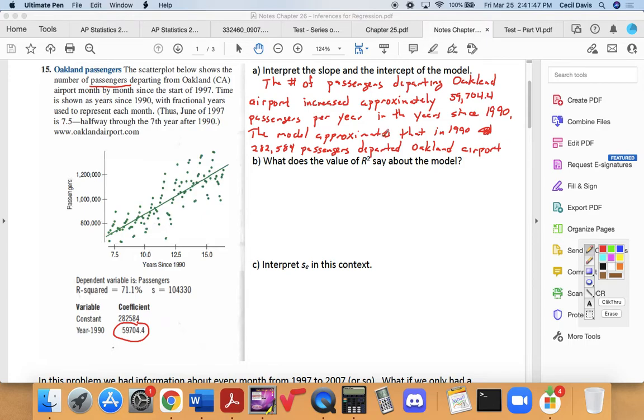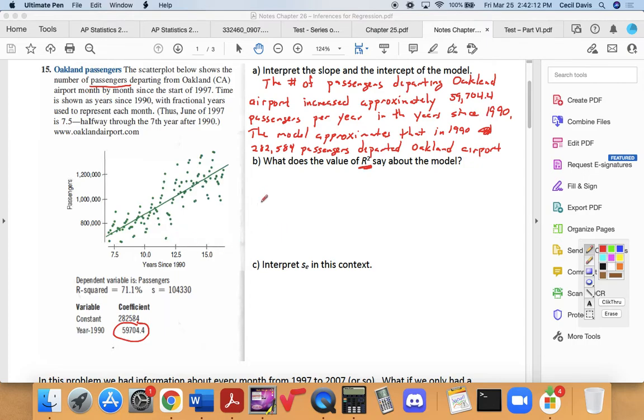One of the things that we did also was talk about R squared. Do you remember what that told you?